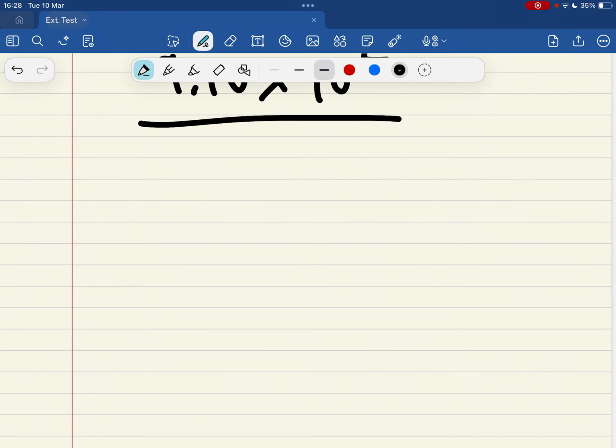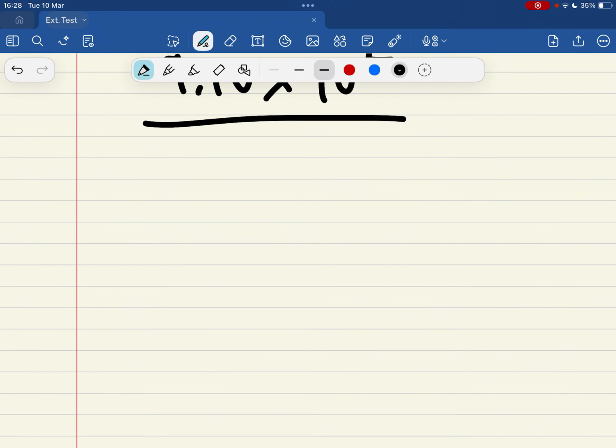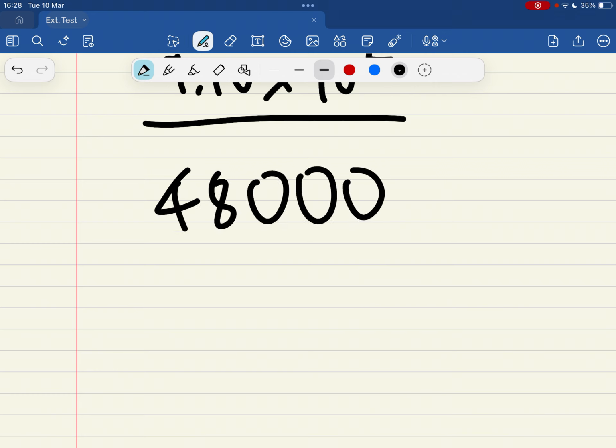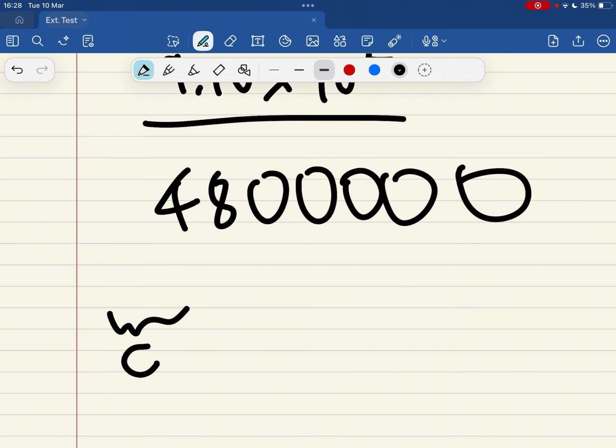Let's say we have a number, 480000. If you wanted to express this in scientific notation, you want to write it as a constant, okay? That is less than 10, and it can't be 10.